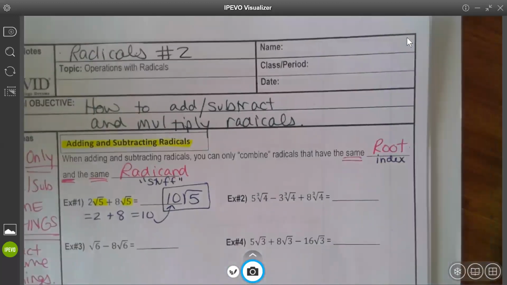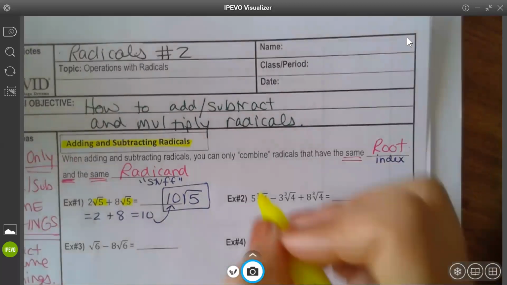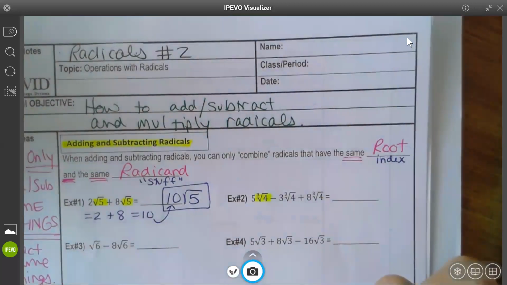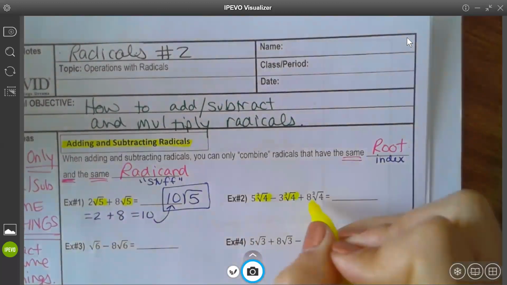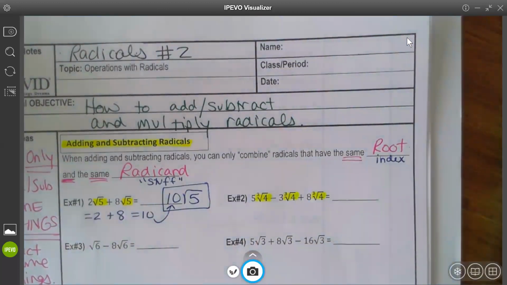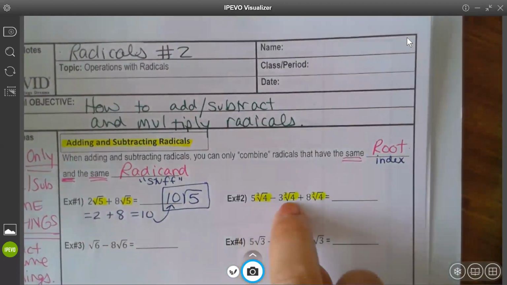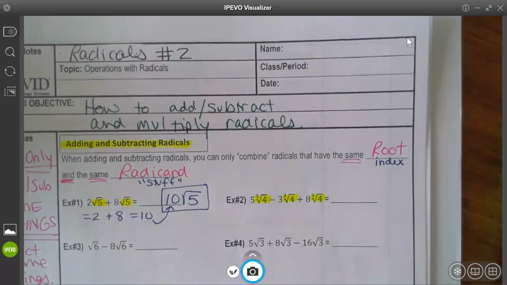All right, number 2. So I have 5 cube roots of 4, subtracting 3 cube roots of 4, adding 8 cube roots of 4. Are all of my things the same things? Cube root of 4, cube root of 4, cube root of 4. Yes, they are.